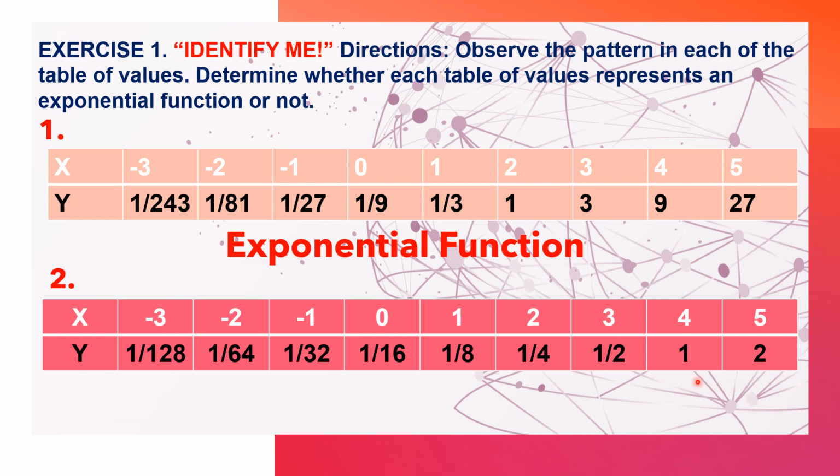2 divided by 1 is 2. 1 divided by 1/2 is still 2. 1/2 divided by 1/4 is 2. 1/4 divided by 1/8 is still 2. 1/8 divided by 1/16 is 2. 1/16 divided by 1/32 is still 2. 1/32 divided by 1/64 is still 2. 1/64 divided by 1/128 is still 2.